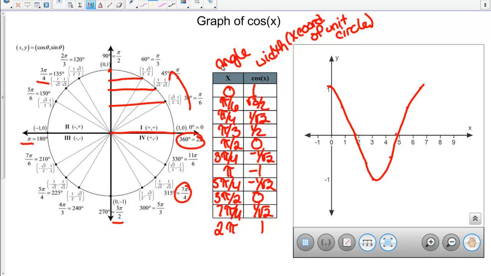And again, we repeat going around every 2 pi. So this will repeat every 2 pi. And remember that now we have this height is our width at each angle.